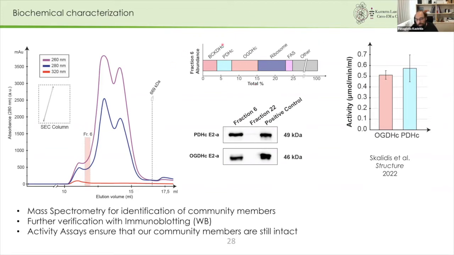Abundance data from mass spectrometry show what kind of protein complexes we can identify in this fraction. Also activity data, to see if our molecules are active, because from preparation to preparation, activity might change because of a minor step in handling. And also we see that our proteins are there with immunoblotting data.